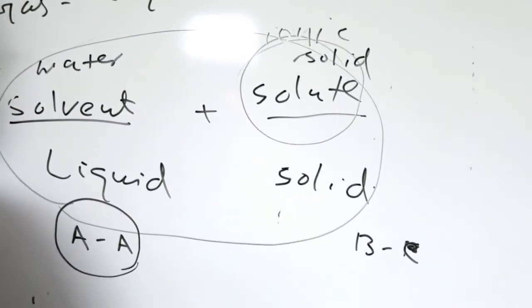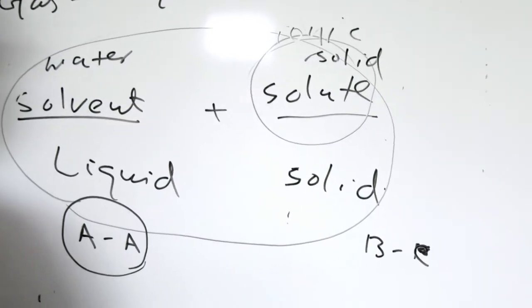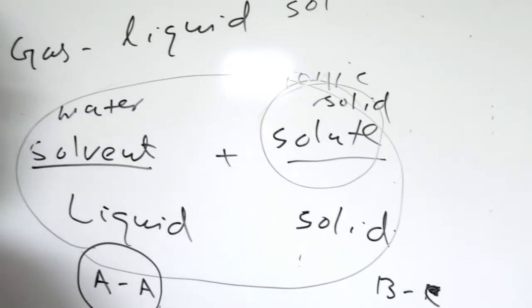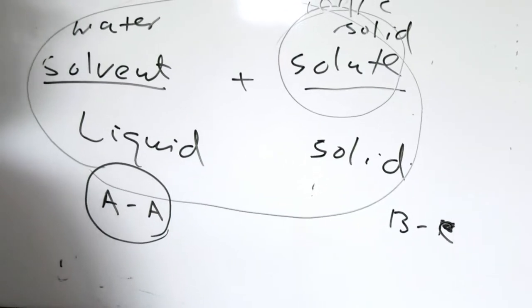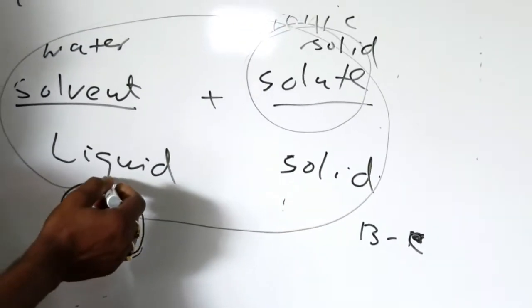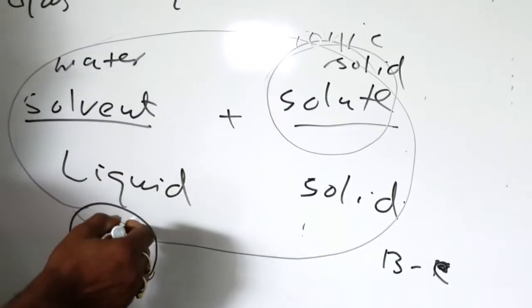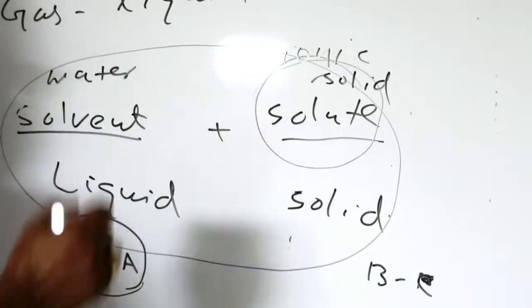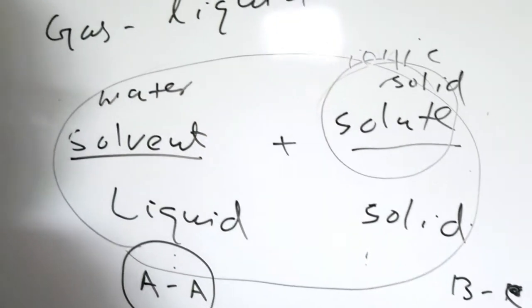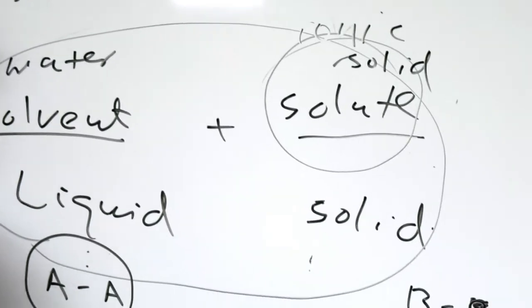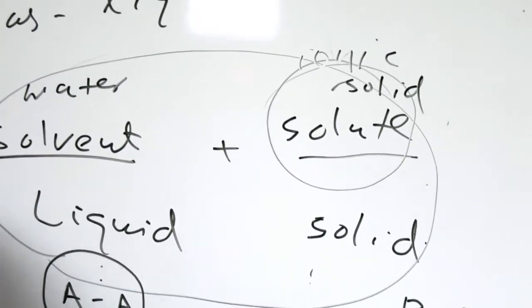When we are considering the solubility, we have to find out the nature of interaction between the liquid molecules as well as solid particles. In case of liquid, there must be some dipole moment.